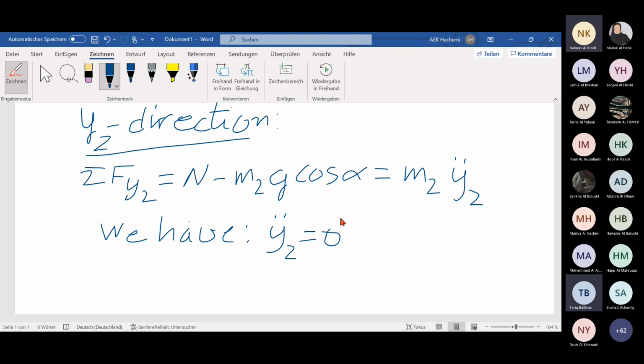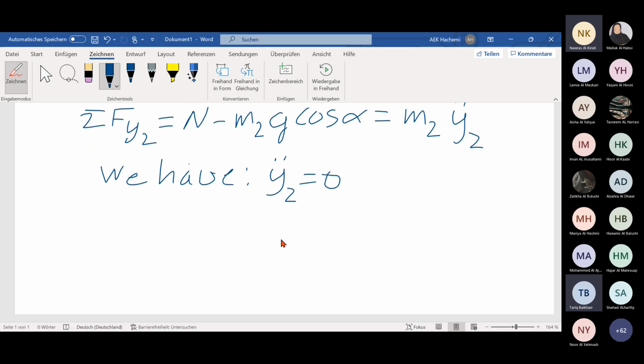There is no motion along the y direction, and we have additionally r.